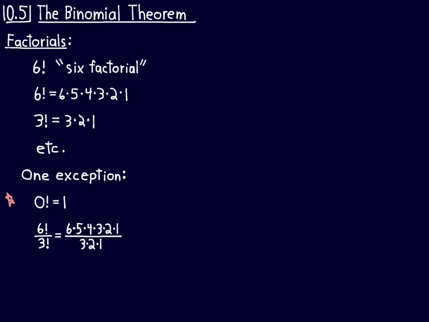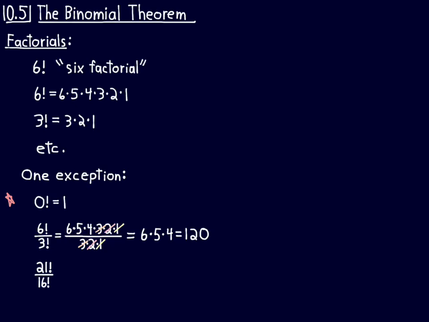So the 3, 2, 1 cancels off here. So what you end up getting is just 6 times 5 times 4. Okay, just the first 3 factors of 6 factorial, which is 120.